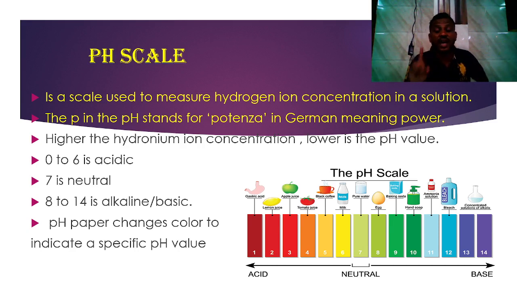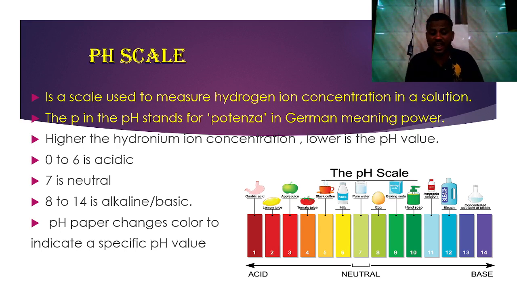These are all alkaline or basic. Examples are egg, baking soda, hand washing soap in liquid or soap form, ammonia solution and bleaching powder. These all come in the basic range.